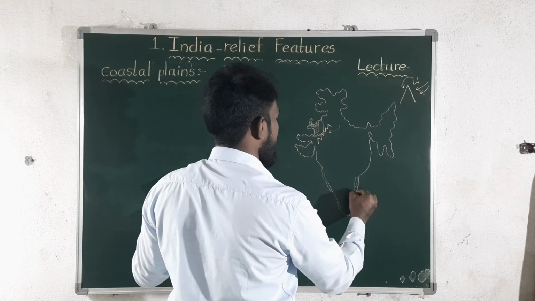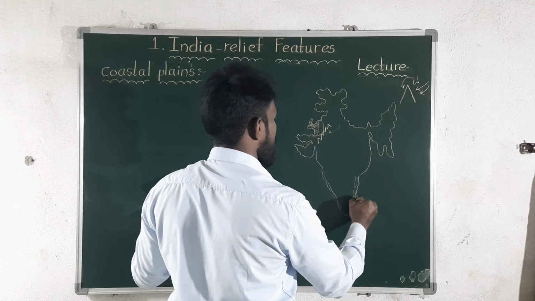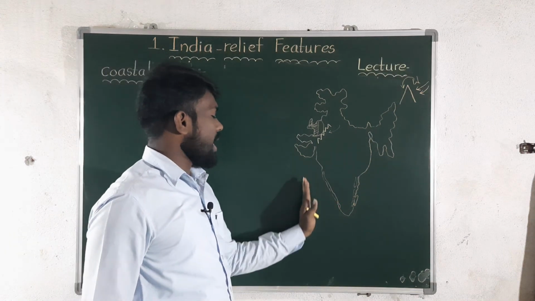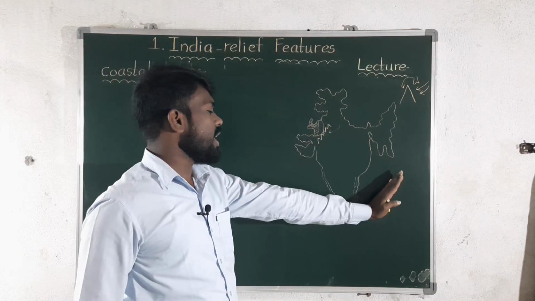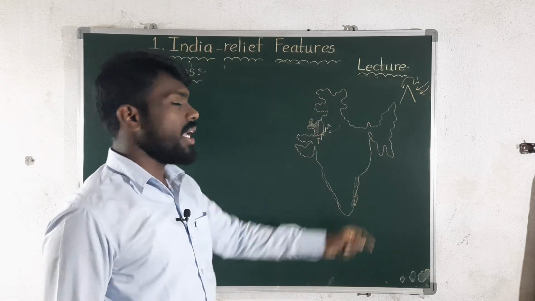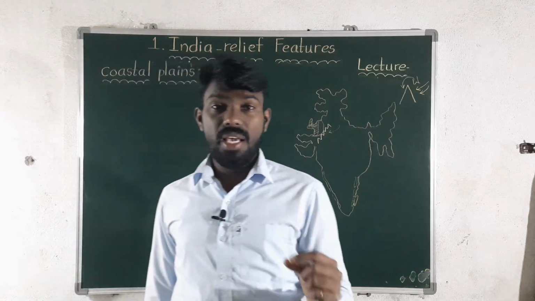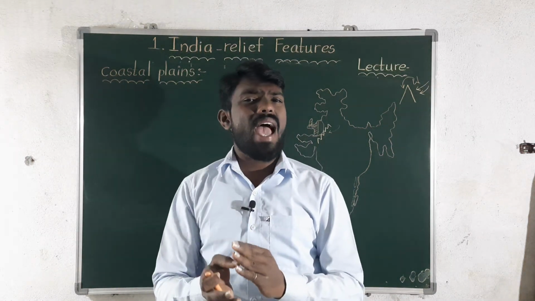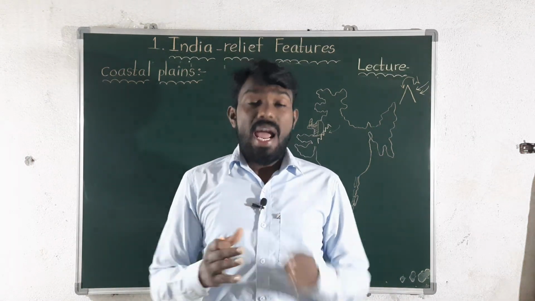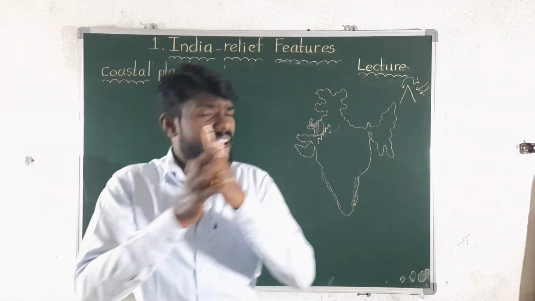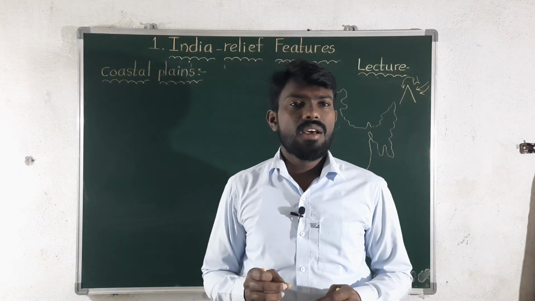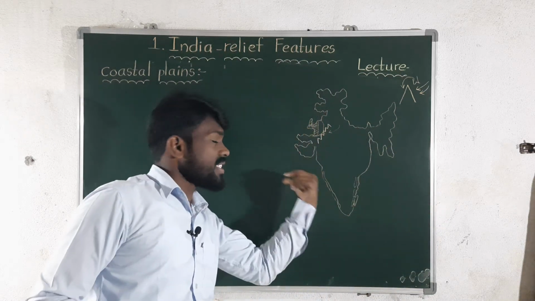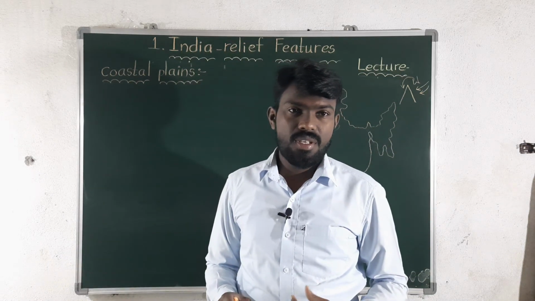These are the coastal strips we can find along the Arabian Sea in the west and the Bay of Bengal in the east. So these are the western coastal plains and the eastern coastal plains.